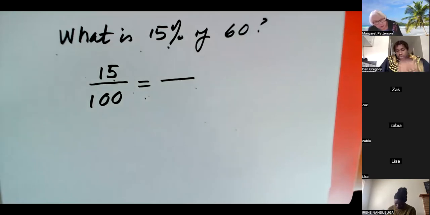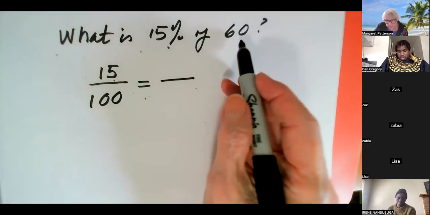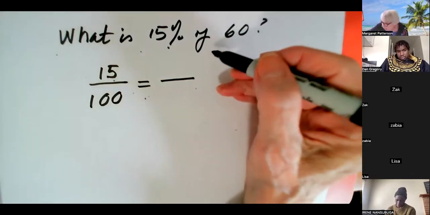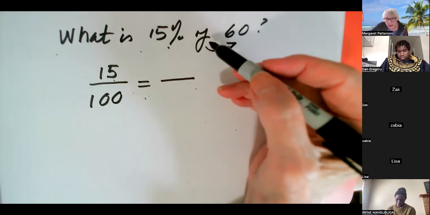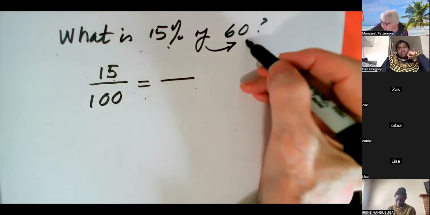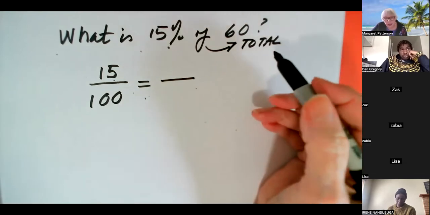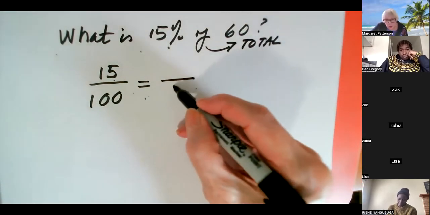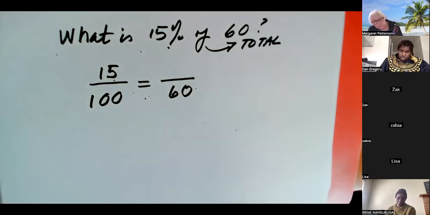That wasn't hard, right? The only problem here is where does the 60 go? With this method, after the word of is the total. And the total always goes on the bottom.